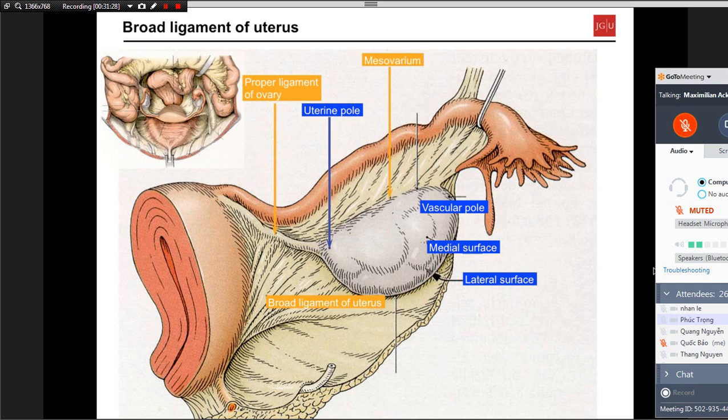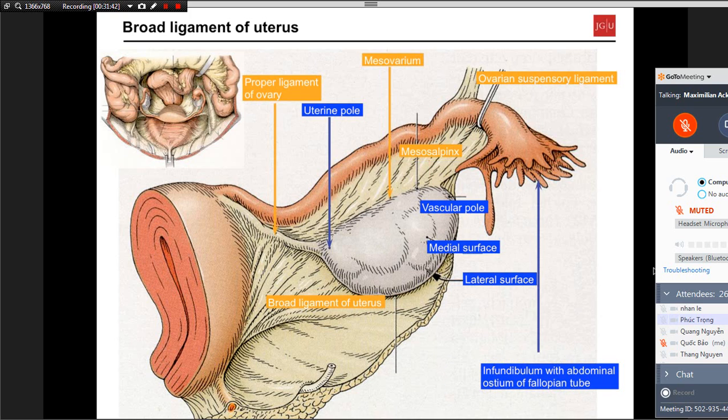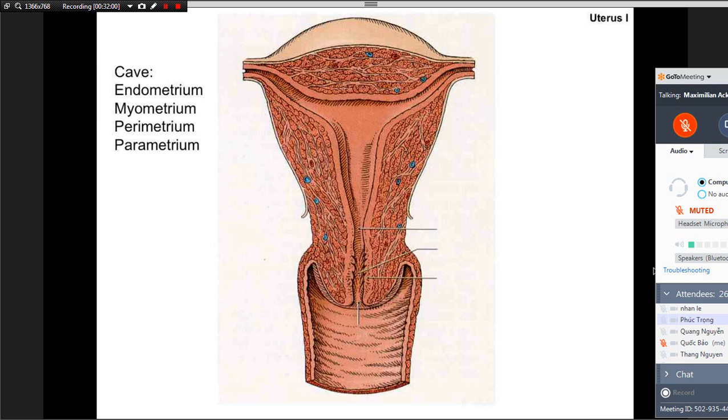The ligament to the uterine pole is the so-called proper ligament of the ovary, and the other one is the ovarian suspensory ligament, which is just down there. So then at the end you find the so-called infundibulum with the abdominal ostium of the fallopian tube, and they have a lot of fimbriae.